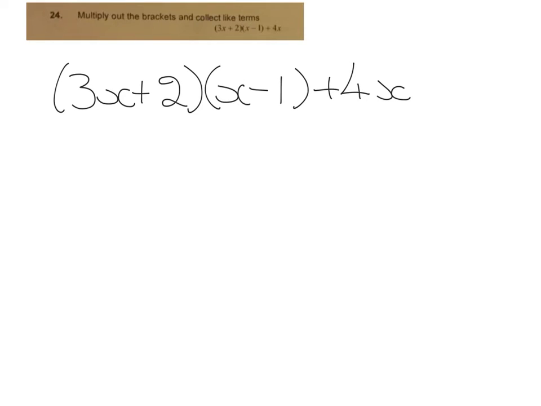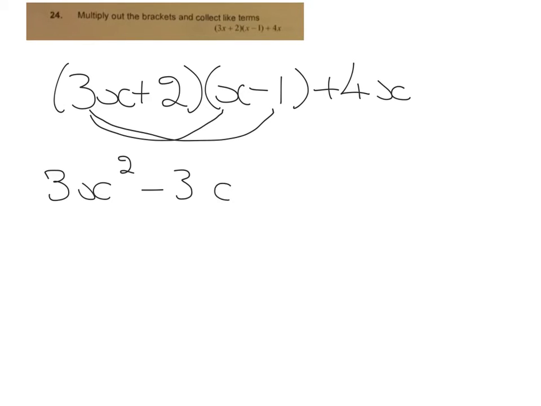Okay, question 24, multiply out the brackets and collect the like terms. So we're going to multiply out our double brackets using FOIL. Firsts, outers, inners, lasts. So we'll do our firsts. So 3x times x, 3x squared. Then we're going to do our outers, so 3x times negative 1 minus 3x.